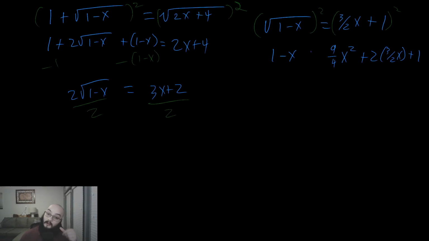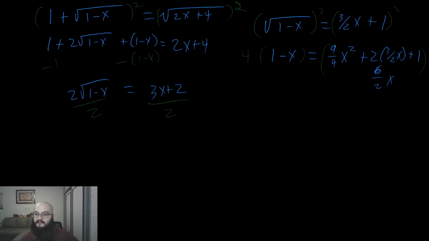All right, and those are equal to each other. Let's simplify this out just a little bit. This is a lot of fractions, so the first thing I want to do is go ahead and multiply this out. That'll be 6 over 2x. And let's multiply everything by 4 so we can get rid of our denominators. So I'm going to multiply this whole side by 4.